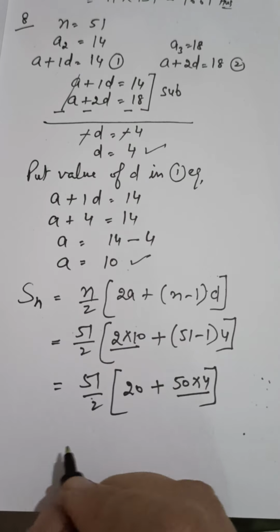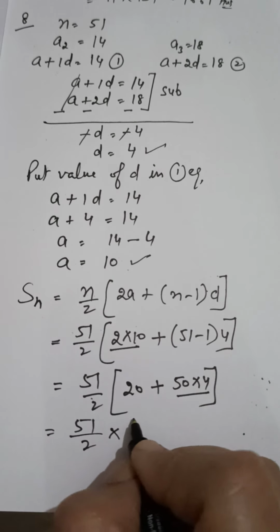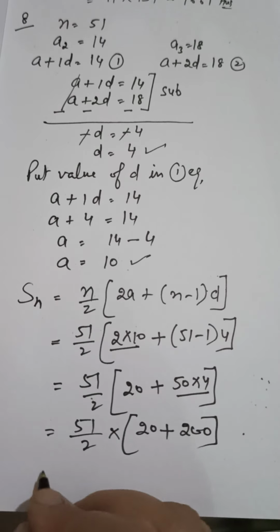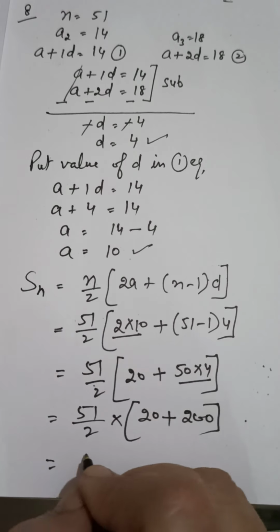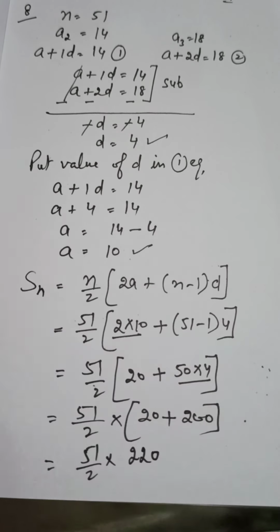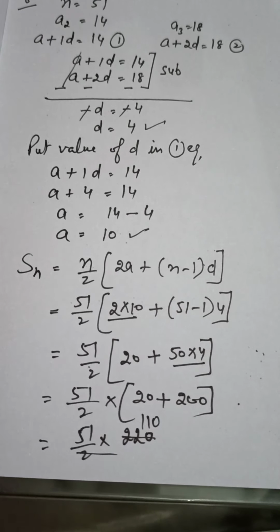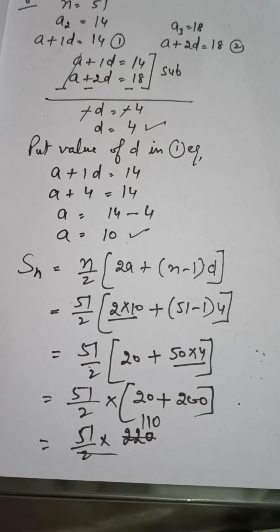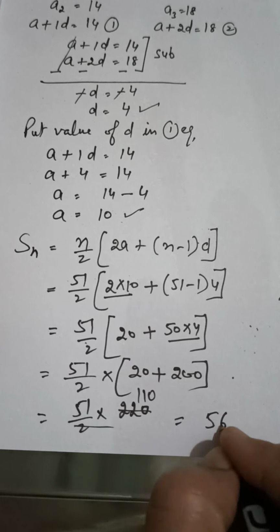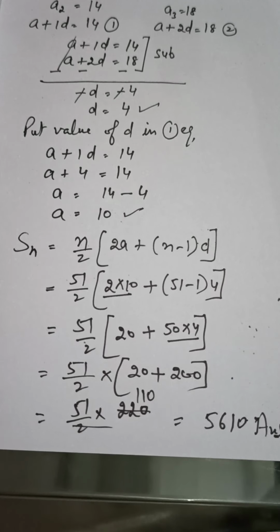We get 51 upon 2 into 20 plus 200. We get 51 upon 2 multiplied by 220. There is a cutting, 110, and that gives 55. When we multiply this, our answer becomes 5610.